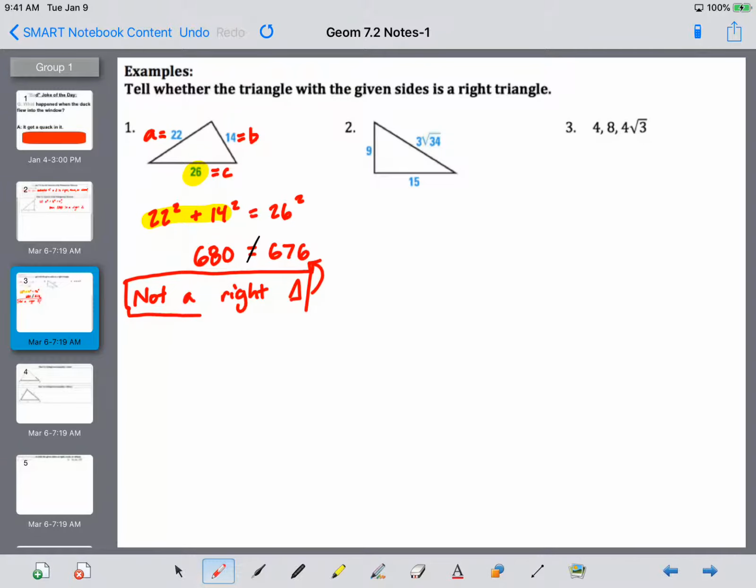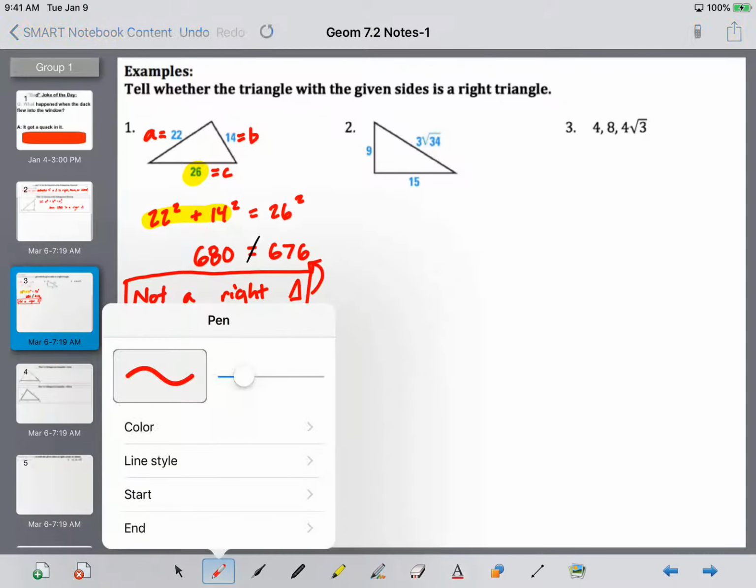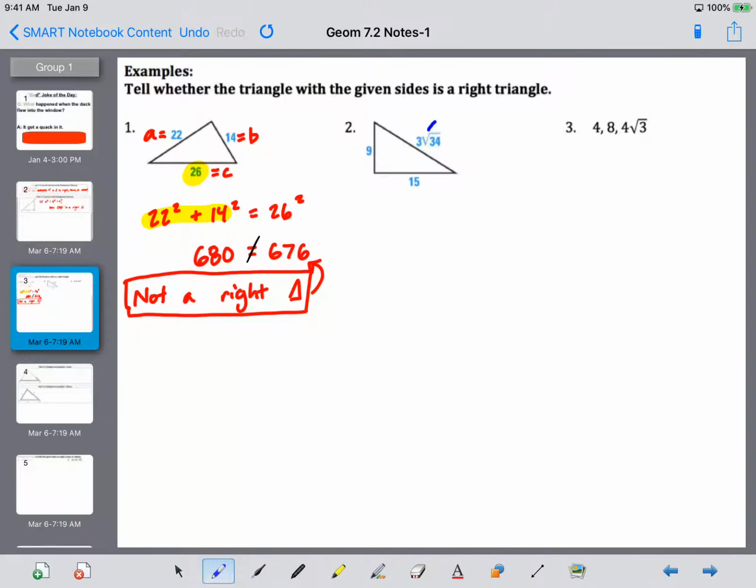When you're given radical side lengths like 3 square root of 34, I can't really tell if that's the longest side. I know from this picture it looks like the hypotenuse, but remember, in geometry, we just can't go by what it looks like.